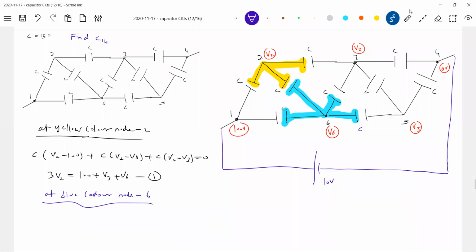at blue color node 6, this should be C into V6 minus 10, C into V6 minus V2, C into V6 minus V5, giving 4V6 equal to 10 plus V2 plus V3 plus V5.